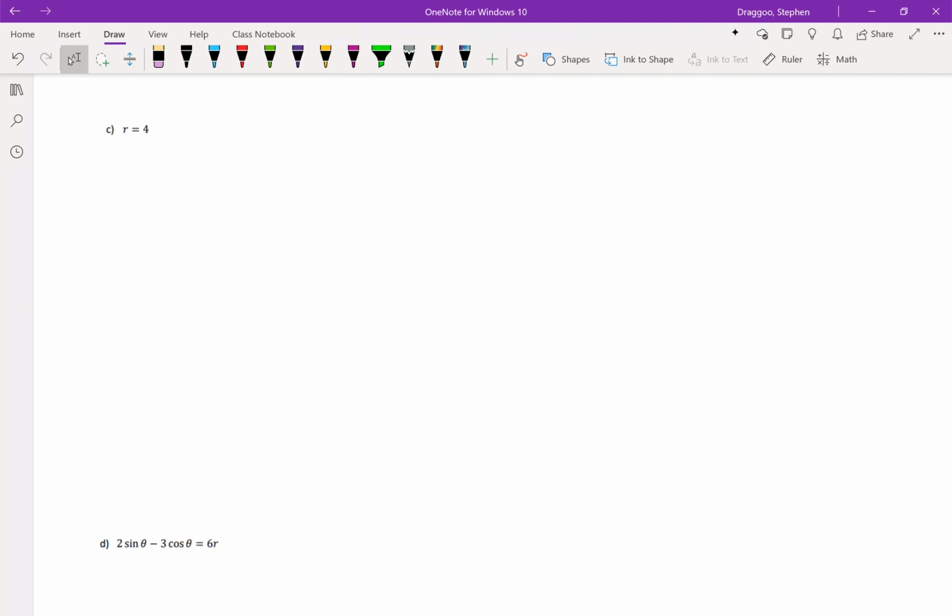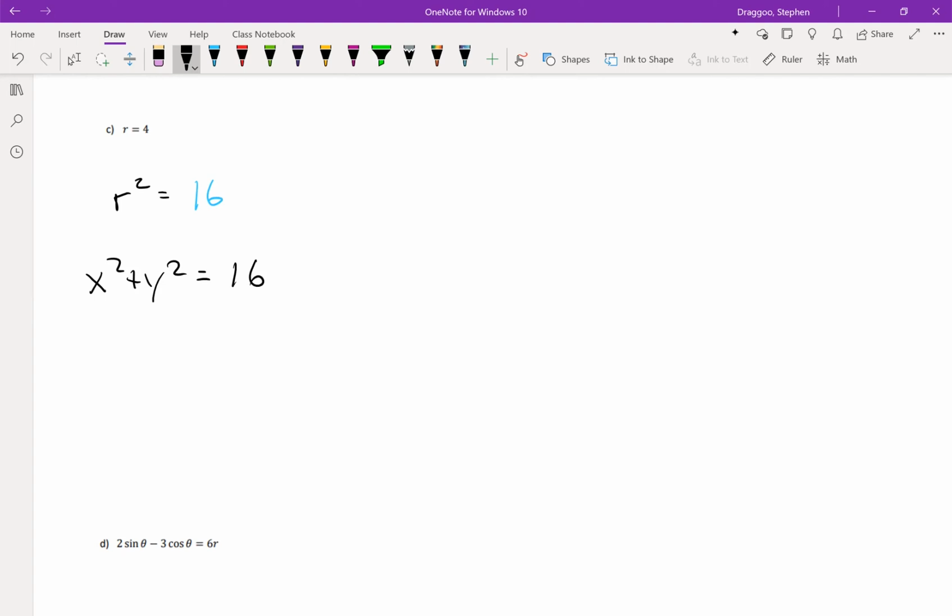So I just want to describe that equation in rectangular coordinates. So this time, instead of multiplying r to both sides, I'll just square both sides. So this time I will get r squared equals 16, which gives us the equation x squared plus y squared equals 16.